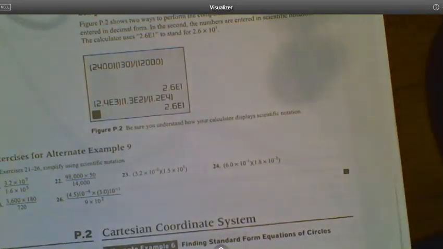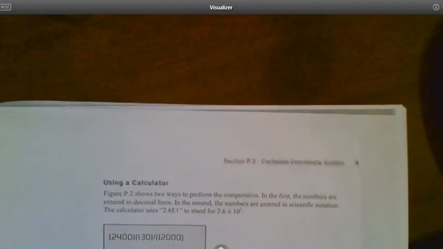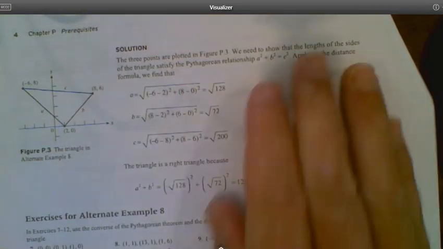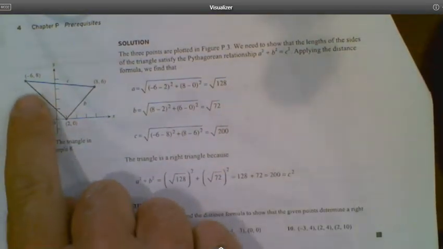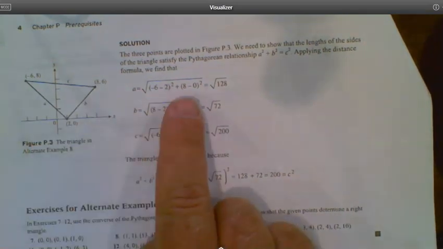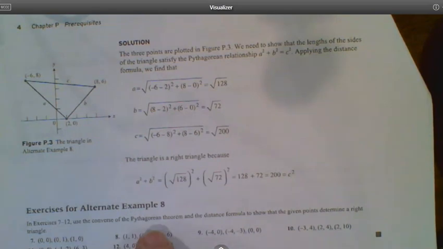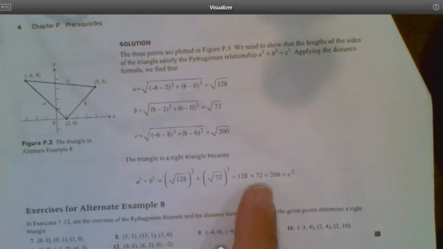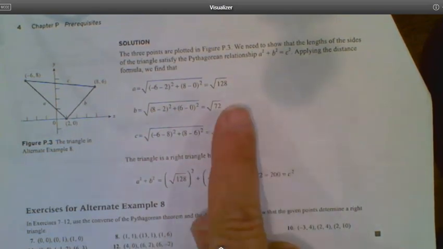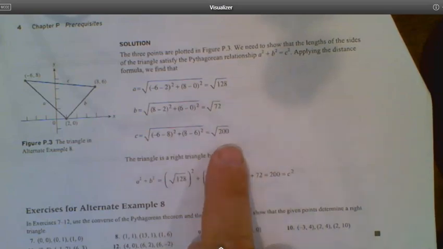If I wanted to prove that three coordinates made a right triangle, what they want you to do on that, and I'm going to show you so that we can get through this a little quicker, is they would have you take the 3 points, find the distance between all 3 points, and then plug it into Pythagorean theorem to see if it fits, right? So does a squared plus b squared equal c squared?